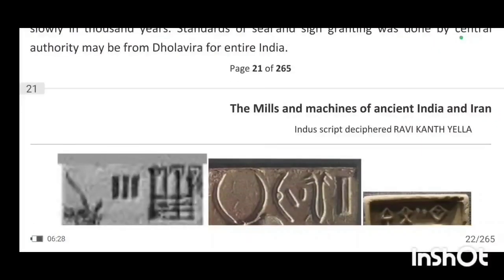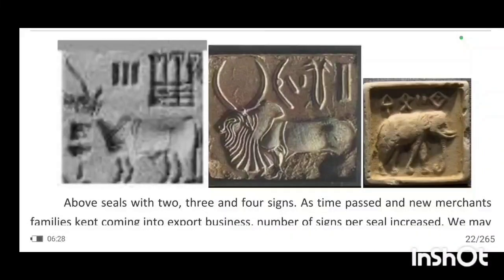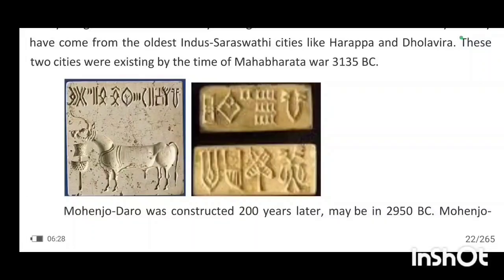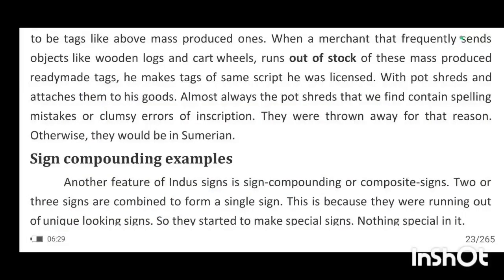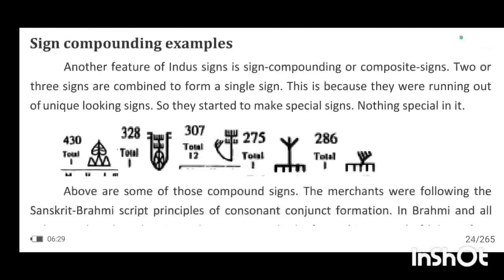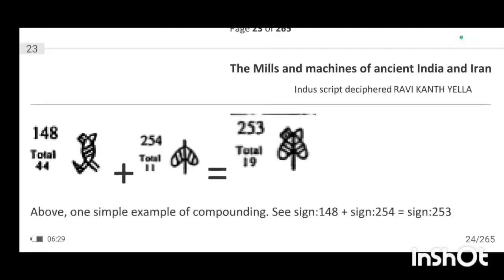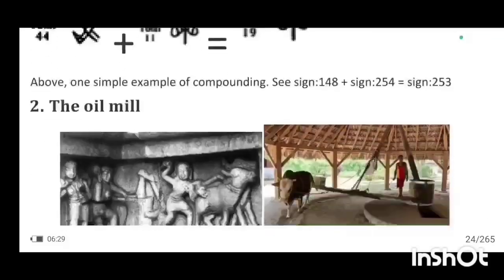Until 3000 BC, the number of traders operating in a particular trade route was very low, but by 2000 BC, it increased. The new traders had to be assigned seals with new signs. So they started combining the existing signs to make new signs. That is sign compounding. Now let us see who is supposed to read that Indus Valley script.